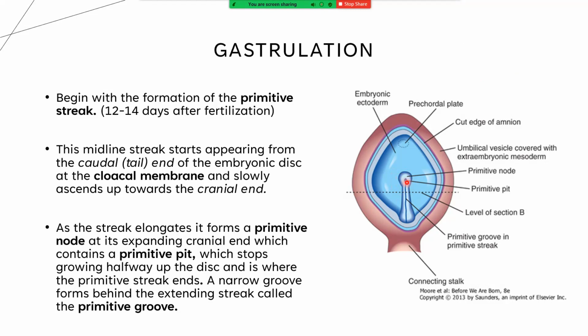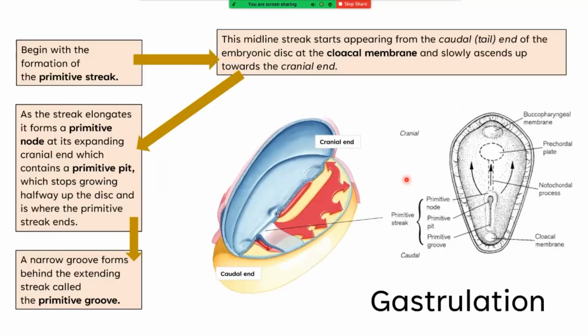The streak stops growing halfway up. A narrow groove forms behind the extending streak, which is known as the primitive groove. Very complicated process, but I think it's easy to understand.